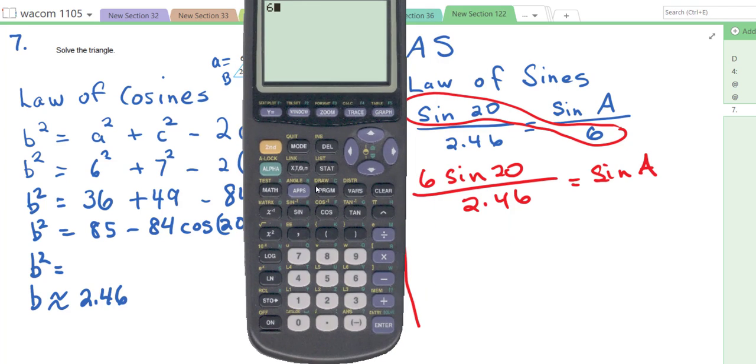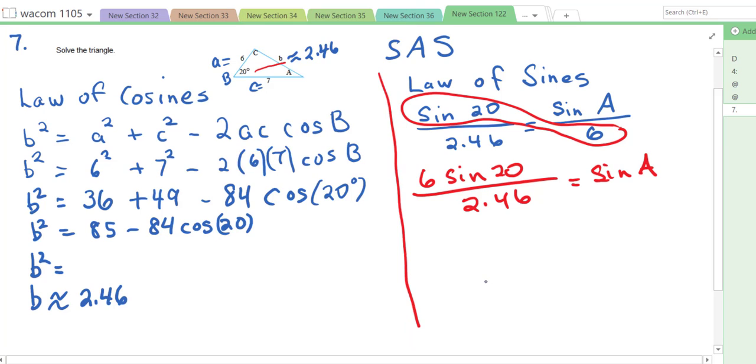6 sine of 20 close, divided by 2.46 equals. I'm going to keep that value and do inverse sine, because I don't want the sine, I want the angle.